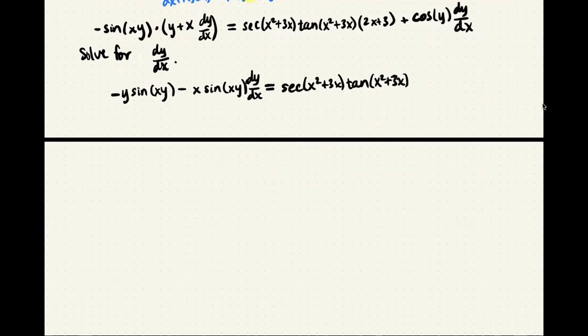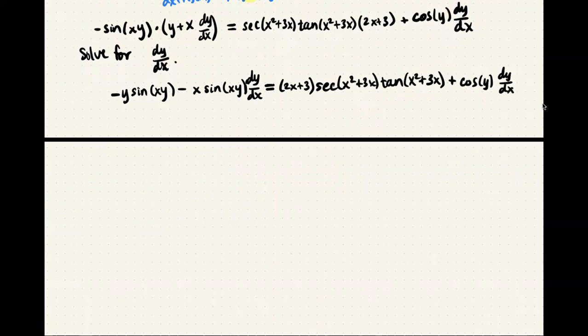And maybe again, whenever I have trig functions, I like to put stuff that's not a trig function in front. So maybe I'll put the 2x plus 3 in front of this. You don't have to do that. It's just a preference that I have. I'm doing these kinds of problems so many times, but you can leave it however you want. And then we have plus cosine y dy/dx.